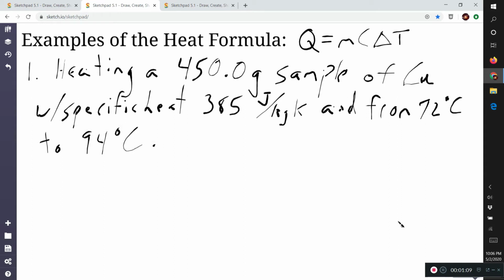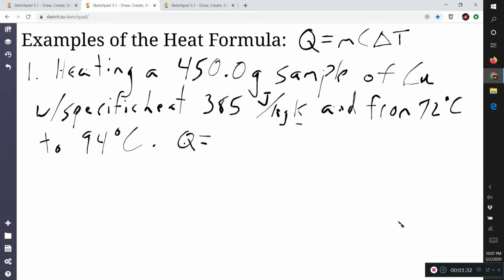So I know that our specific heat's listed in Kelvin, but the relationship between degrees Celsius and Kelvin is one of adding. So the difference would be the same. So we work this out. Our formula here is going to be Q equals 450 grams, but we're measuring our mass in kilograms for this specific example.